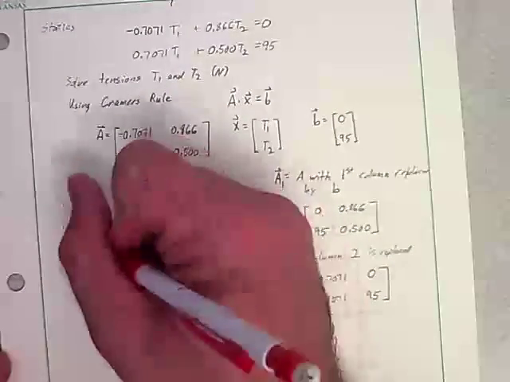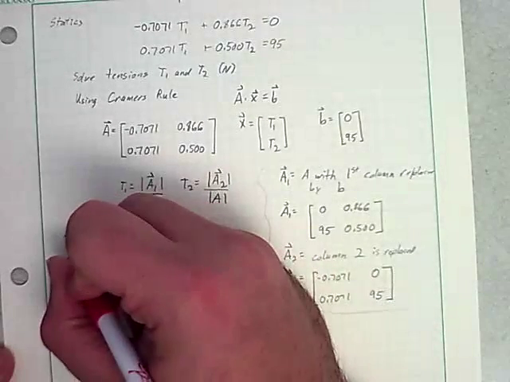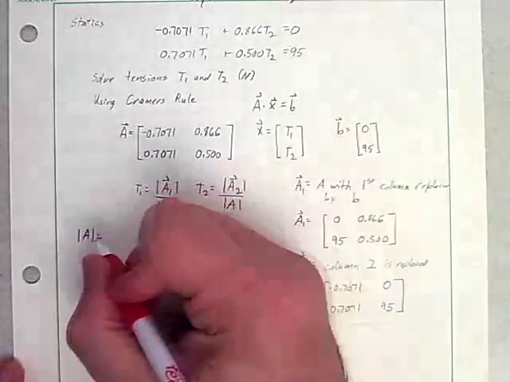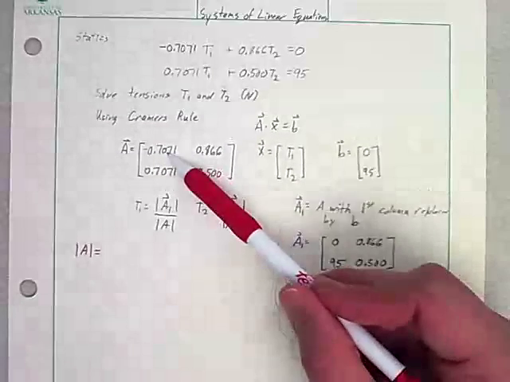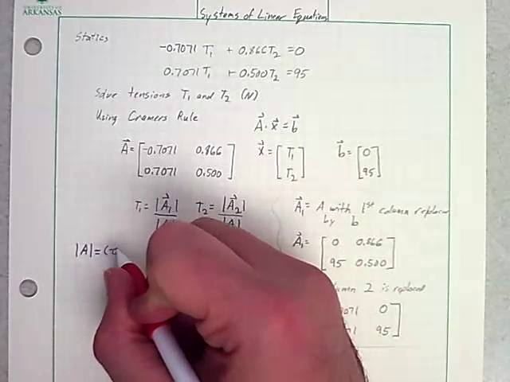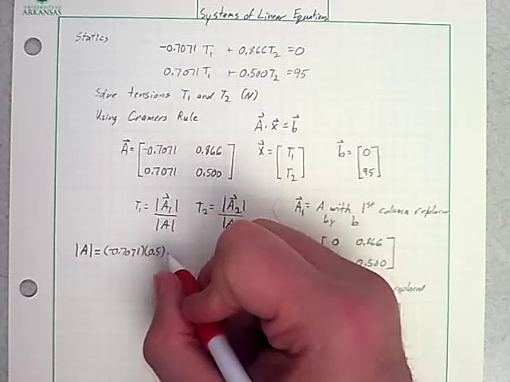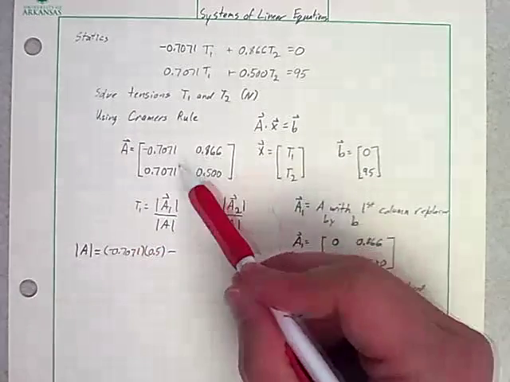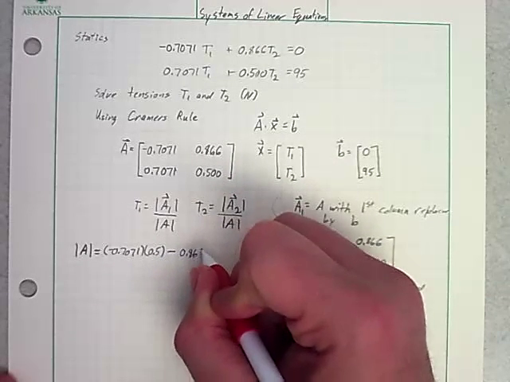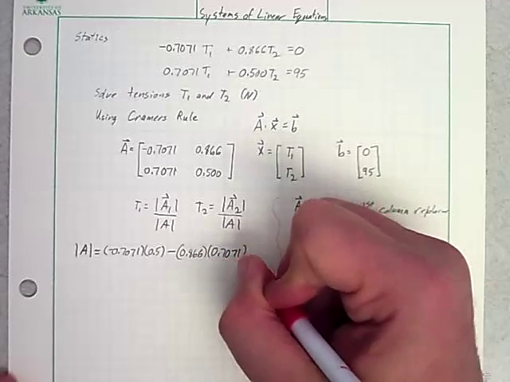So we have to get all these determinants. Remember, determinant of A, we take the coefficients this way and multiply them. So negative 0.7071 times 0.5, and subtract what we get when we multiply these two together, 0.866 times 0.7071.